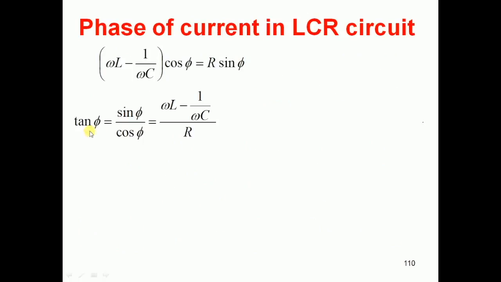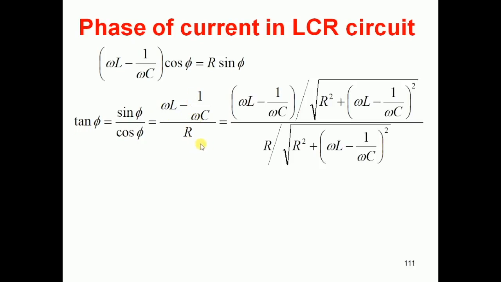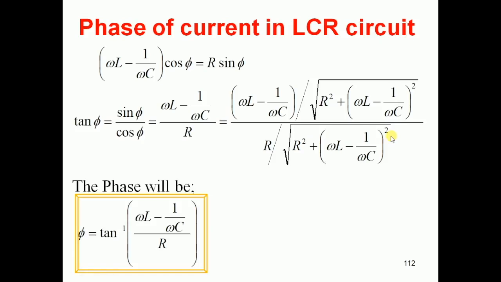And we can write sine phi upon cos phi equal to tan phi, that is equal to omega L minus 1 upon omega C over R. Now we shall have one term in the denominator and a numerator, that is under root of R square plus omega L minus 1 over omega C whole square, and we can define phi.